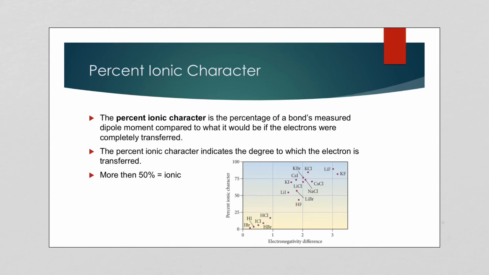Based on this idea, if you're more than 50% ionic, then you're considered an ionic compound. So it's this continuum. If you're below 50%, you still would have covalent bonding. If you're above 50%, you're going to have ionic bonding.